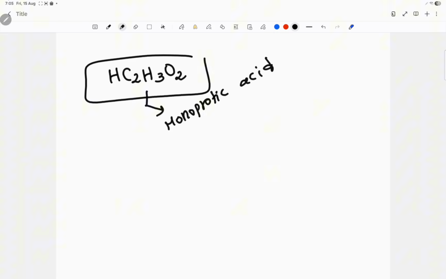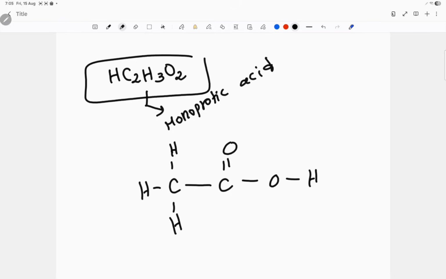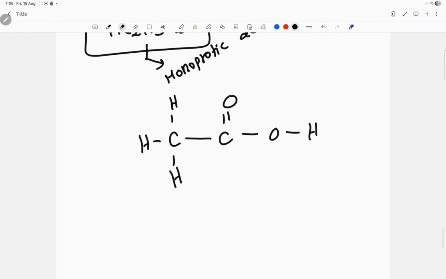Let's draw it. The 3 H's on the left on the carbon don't get lost because the carbon and the H don't have a big difference in electronegativity, while the O and the H do. So there's no reason to lose them. But the O here just wants to get rid of the H as soon as it can. Once there's a base, it will take its chance.